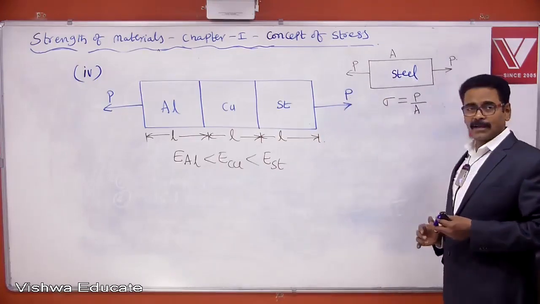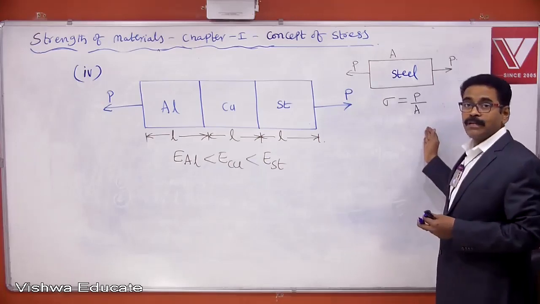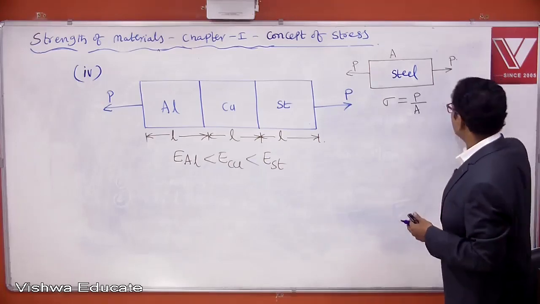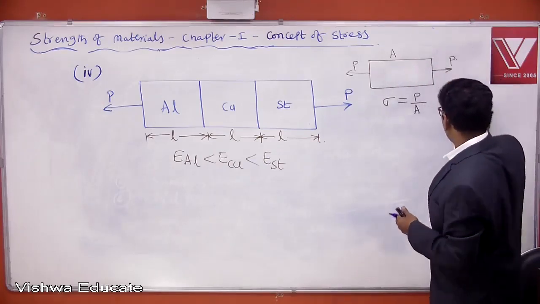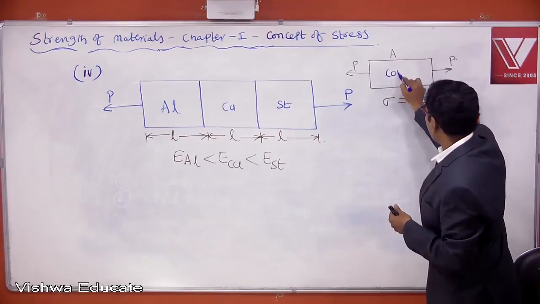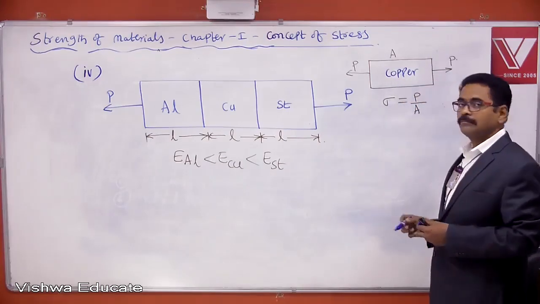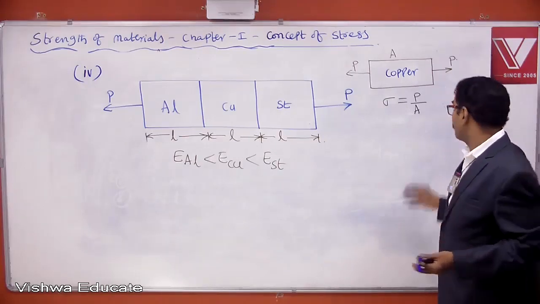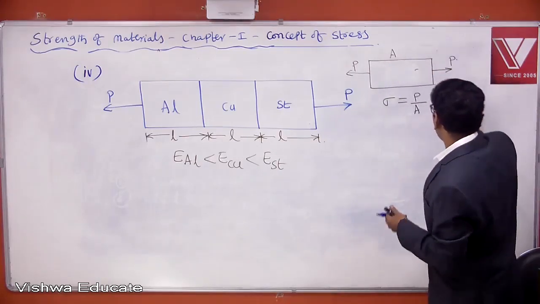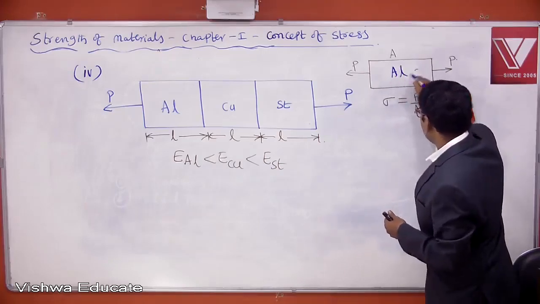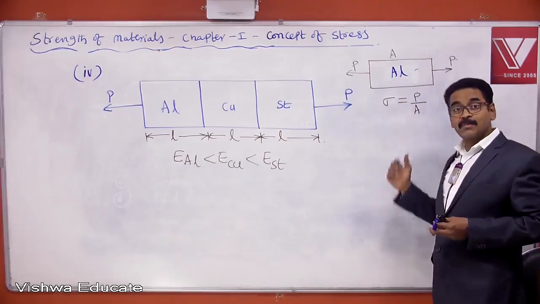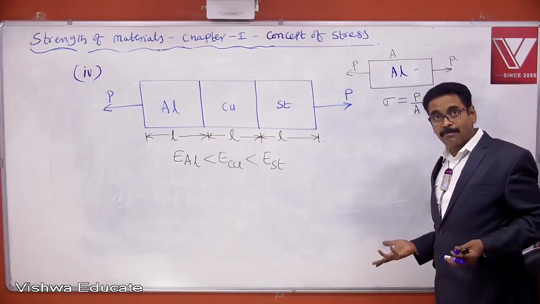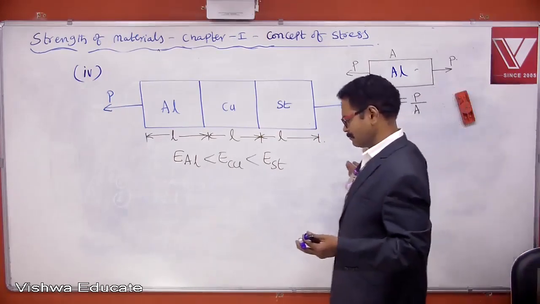Again P by A. Now maybe this is a copper bar. What is stress? Again P by A. Now it is an aluminium bar. What is stress in this bar? Again P by A.